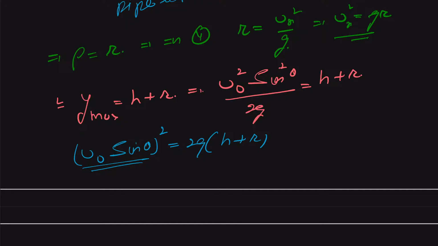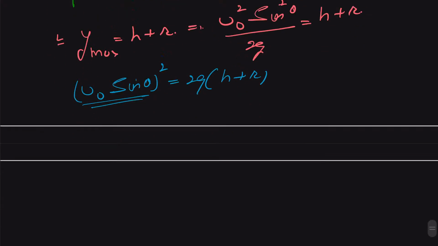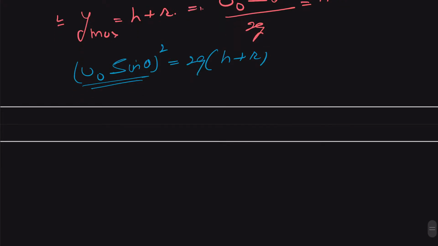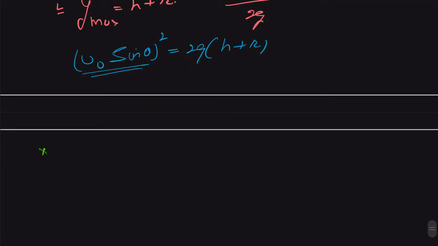The launch velocity v naught will be equal to the x component plus the y component.